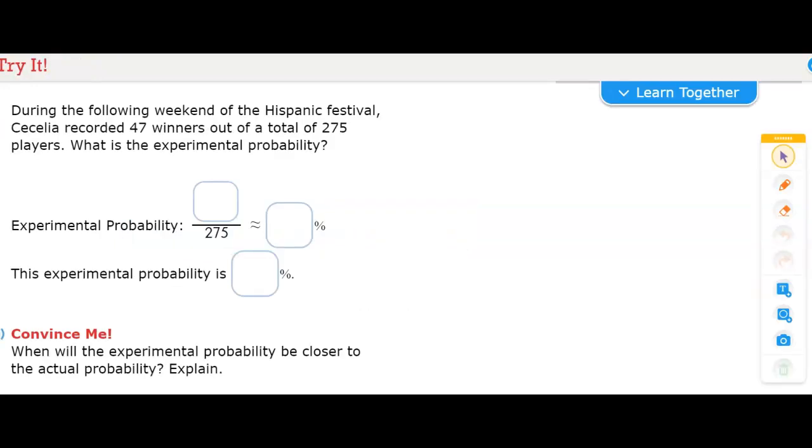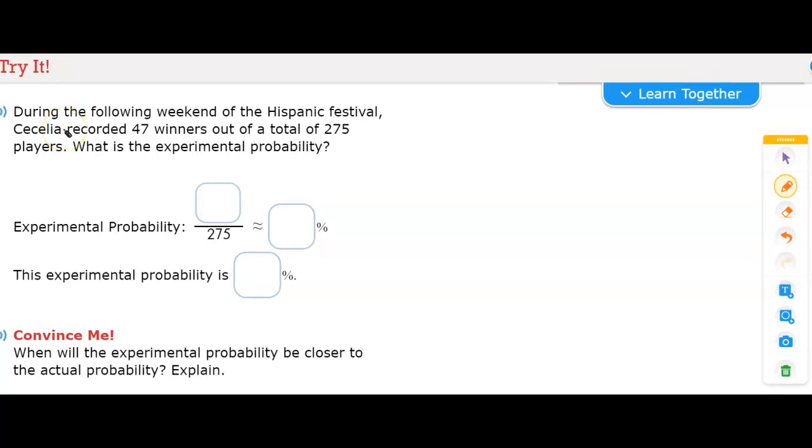During the following weekend of the Hispanic Festival, Cecilia recorded 47 winners out of a total of 275 players. What is the experimental probability? So we're going to use the formula they gave us, right? P of the event, the experimental probability, the probability of the event occurring.